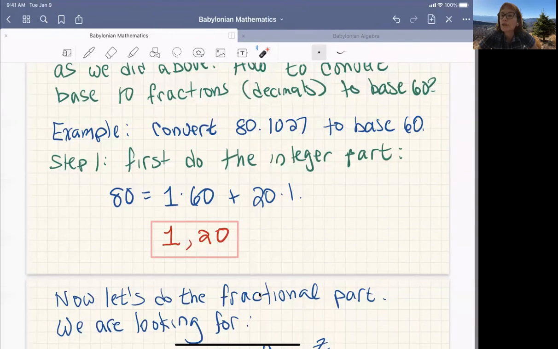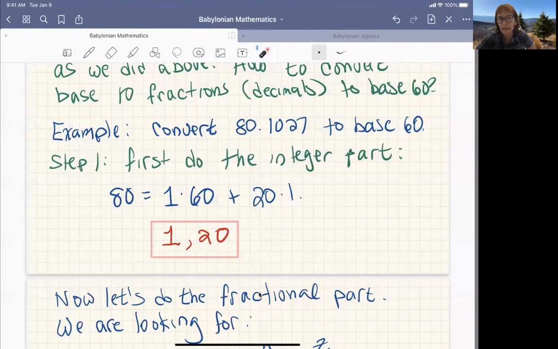Now I want to do the fractional part. So I'm going to start working on the fractional part just by appealing to the definition of what we mean by a base 60 number, or in particular, a base 60 fraction.